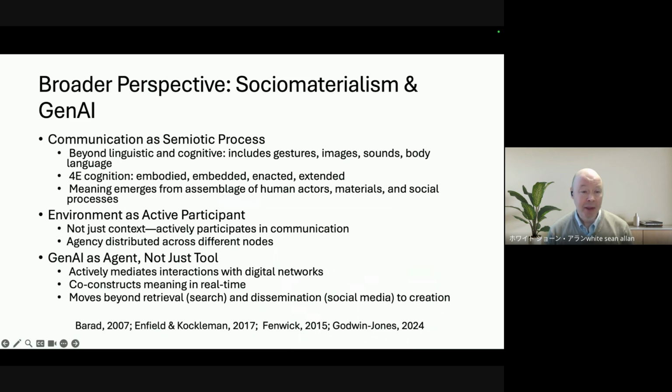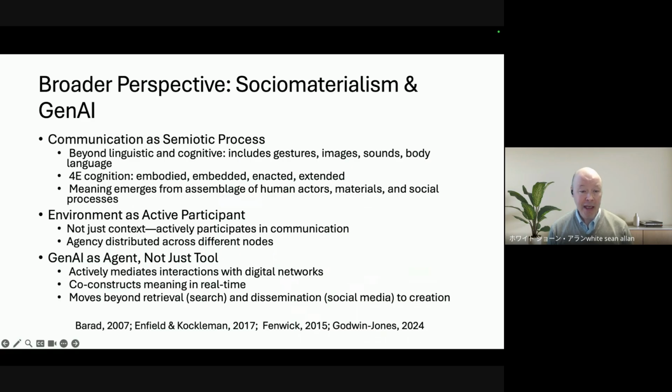So that environment is an active participant, not just context, right? It participates in communication, and the concept of agency, as in communication, is distributed across different nodes, of course, people, practices, and tools, right? So in this context, generative AI is an agent. It's not just a tool.